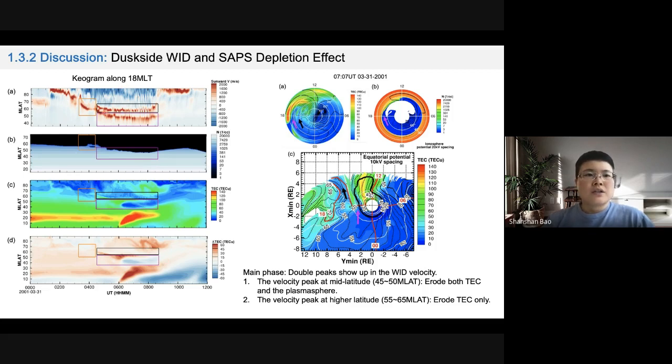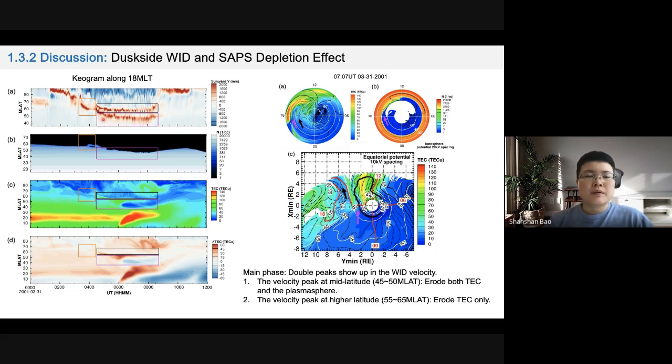Here, first at the initial phase, you can see a single peak. Actually, it is related to the plasma finger that is generated here. You can see it from the density profile. Then during the storm main phase, you can see in the black box a velocity peak at a higher latitude around 18 MLT, and a mid-latitude velocity peak around 45 to 50.